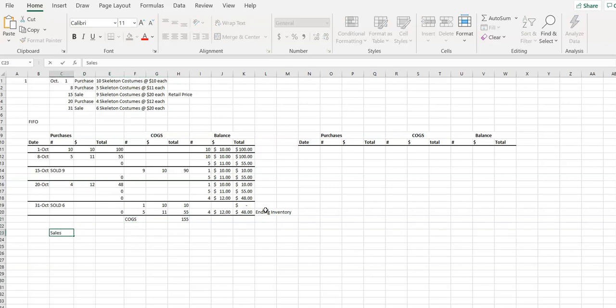And then sales are going to be the 9 times the 20 plus the 6 times the 20. Remember that 20 was the sale price. So 15 times 20 minus cost of goods sold, which was 155. Make sure you subtract it. And that's your gross profit.